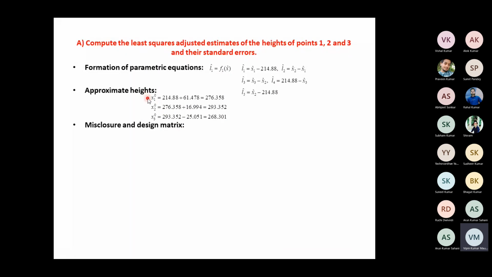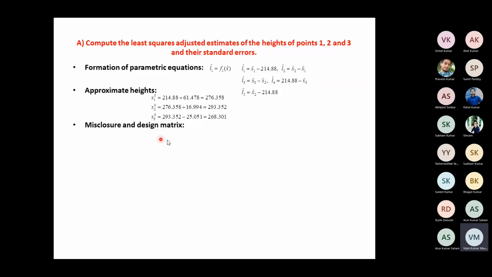Is it clear to everyone? Yes, sir. Okay. Now, because we have to know ATPL, from here we can see L. We can prepare L from the table directly.